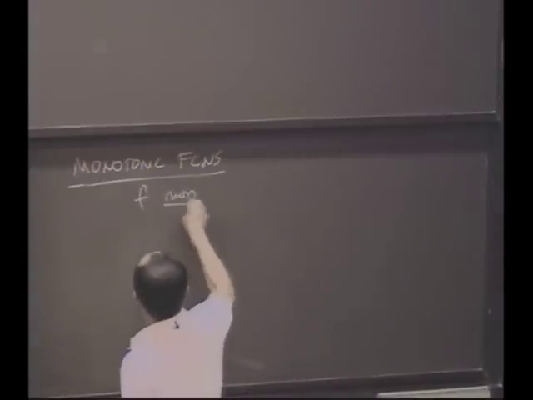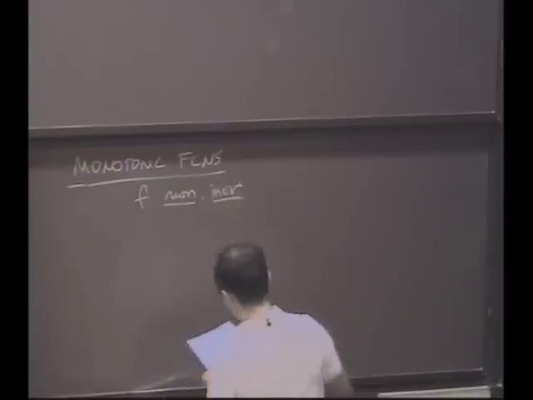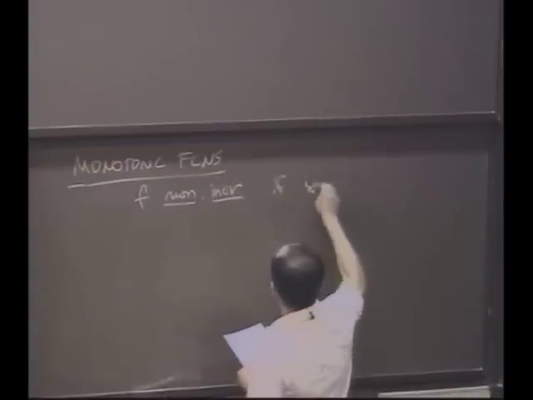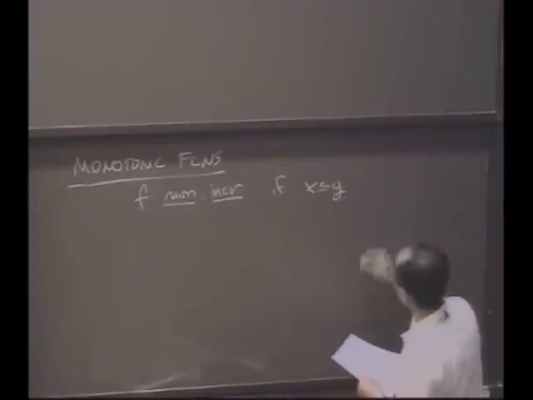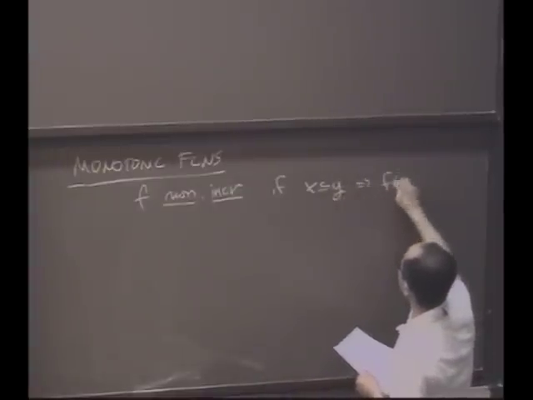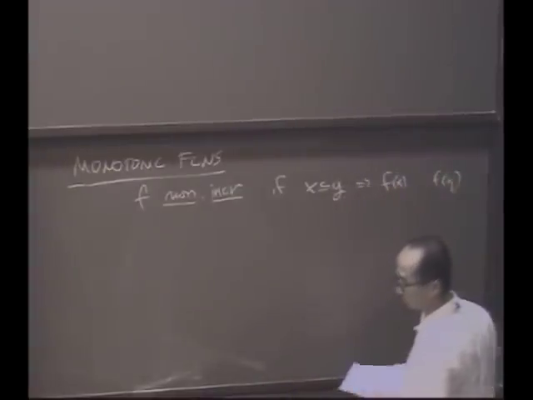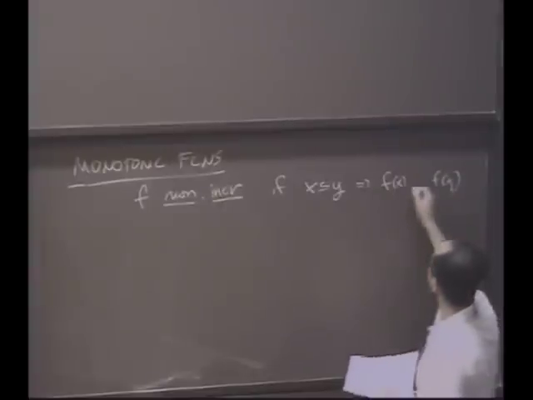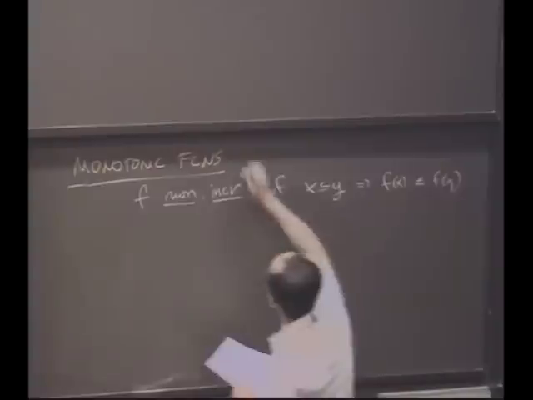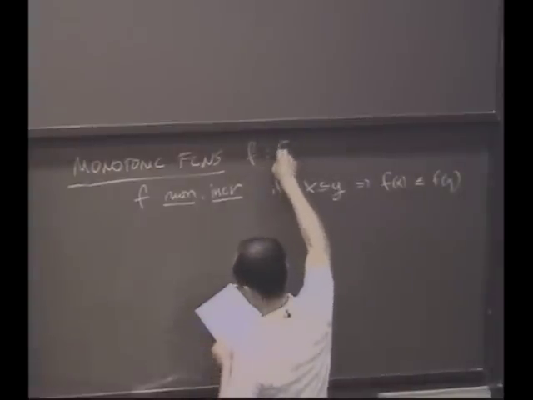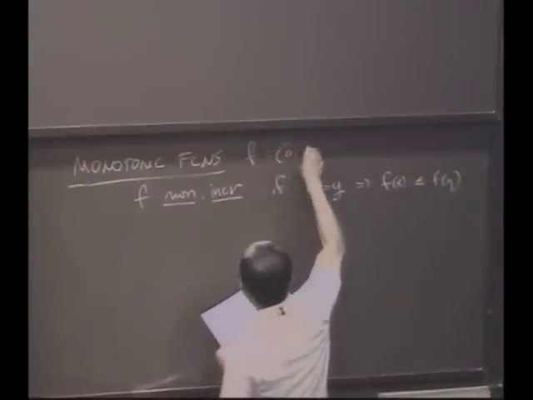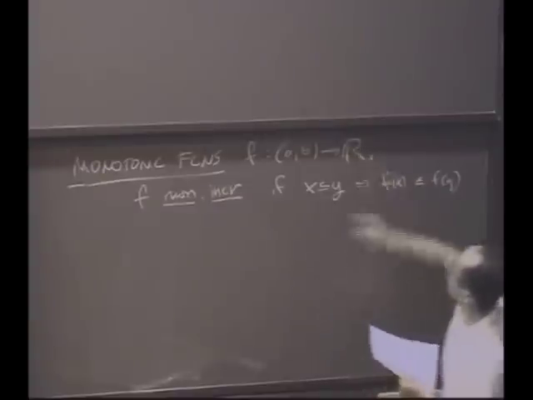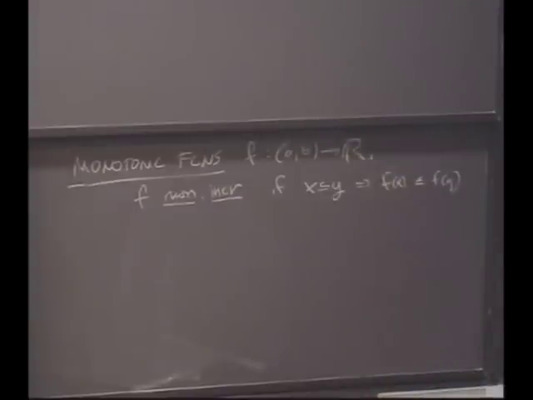So we'll say it's monotonically increasing if any time x is to the left of y, this implies what about f of x and f of y? Is less than or equal to? Yes, this is all functions from an interval into R. So you're basically going from real numbers to real numbers.